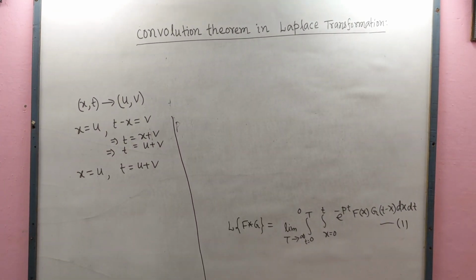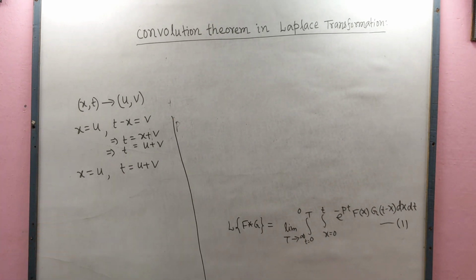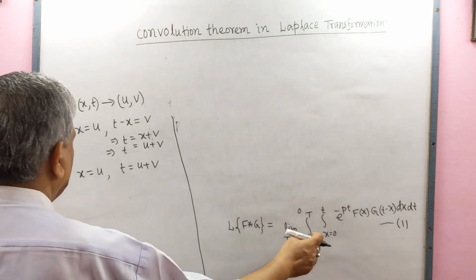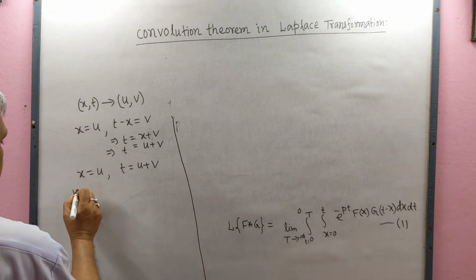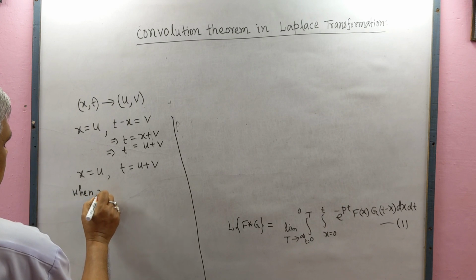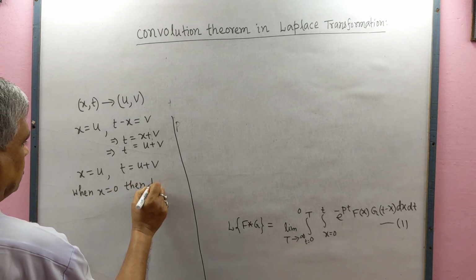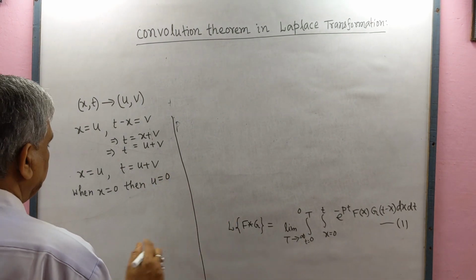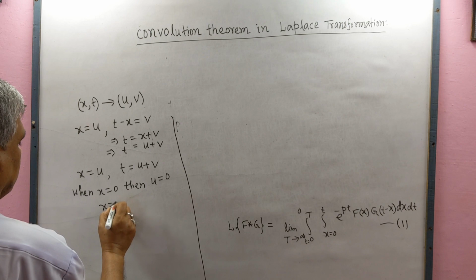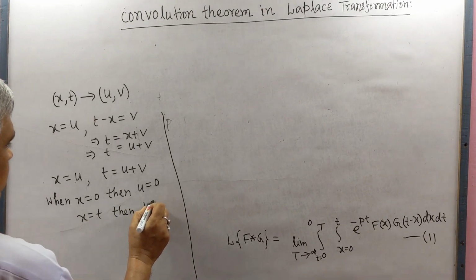Here we have to select the limits of the integrations. When x equal to 0, then u equal to 0, and x equal to t, then u equal to t.